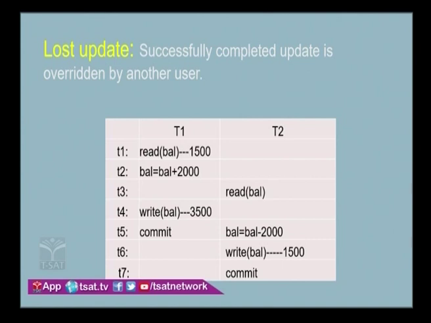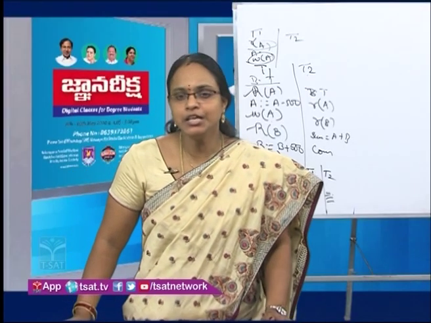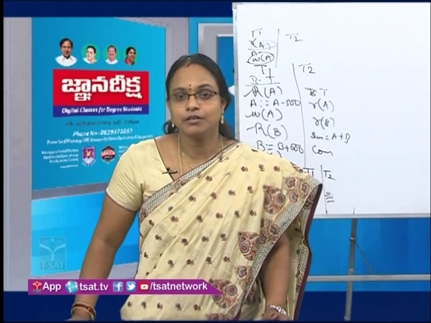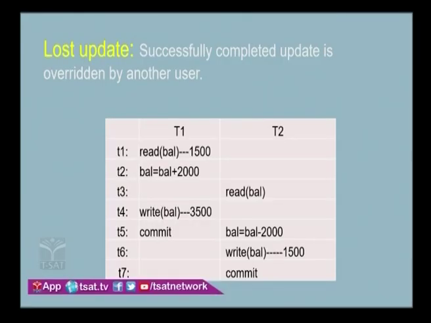But at time T3, transaction T2 started executing and read the balance. When it read the balance, how much could it be? 1500 only, because whatever changes T1 has done are not yet reflected in the database. So whatever updates T1 has done are lost. T2 reads the balance, only 1500, and then it subtracts 2000.